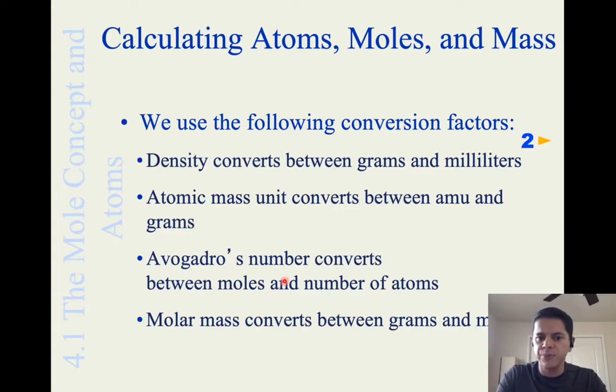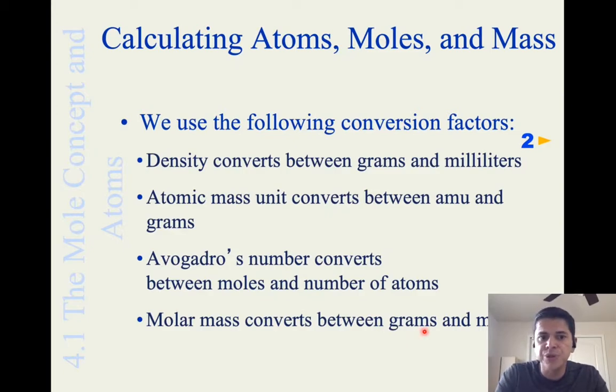And we're going to be able to convert from number of atoms, ions, molecules, to moles of such things. Here it says atoms, but it could be of whatever of the minuscule atomic scale.